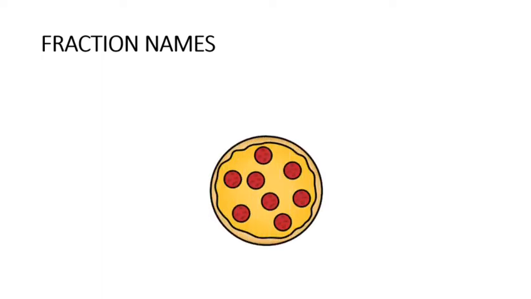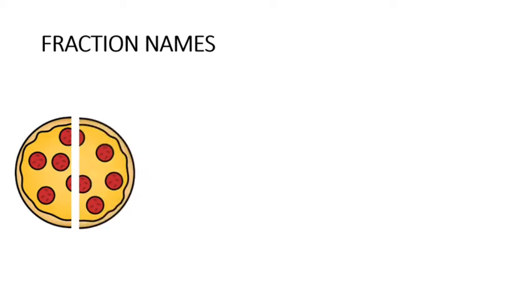Let us look at fraction names now. Looking at the idea of the pizza once again, this pizza is the whole. But if I were to divide it into 2 equal pieces, as previously mentioned, like this, then each piece will be 1/2, or simply half.